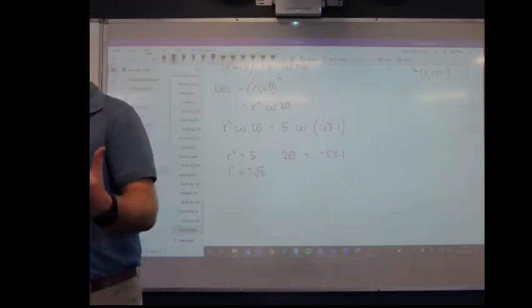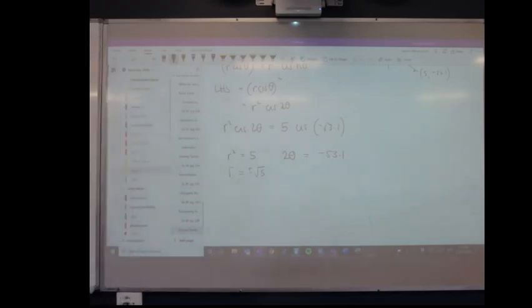We take the principal square root. Does that make sense? Because r is just how far I am from the origin. The direction, not the angle, is determined by theta. So even though the correct solution to r squared equals 5 is that r is equal to plus or minus root 5, we're just going to take r as being root 5.